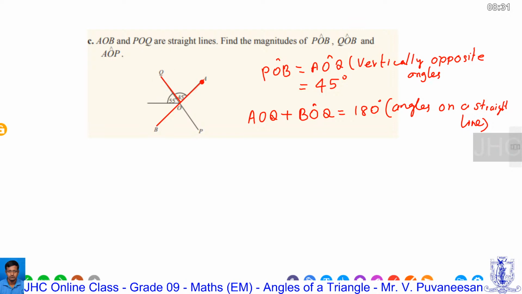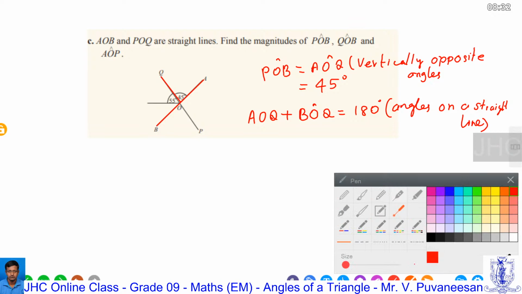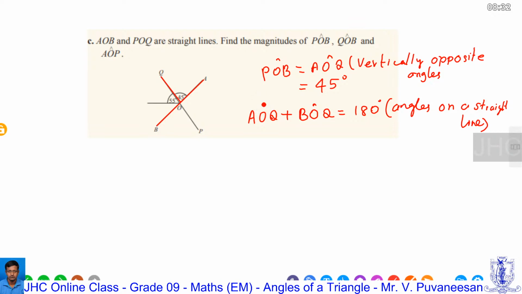We know this angle AOQ, that is given 45, okay? So we can put the value of AOQ, 45 plus BOQ equal 180, so angle BOQ equal 180 minus 45, 135 degree, okay?